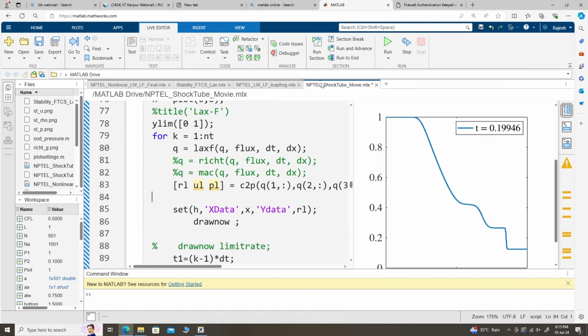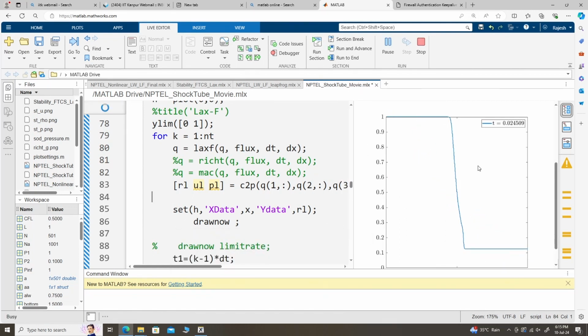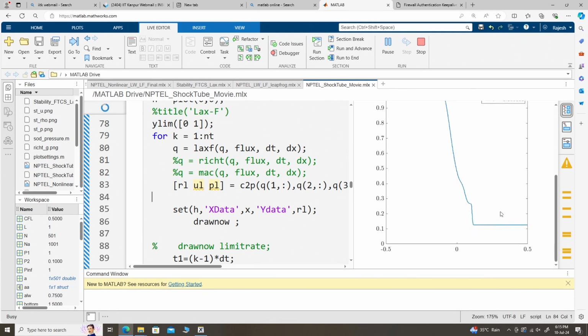Run section. You can see how the flow is developing. So you can keep watching here. So this is moving and a shock will develop. A shock is already developed. But I am waiting till it goes to t equal to 0.2 second, and ultimately when it goes to 0.2 second, you will have a shock at that position.